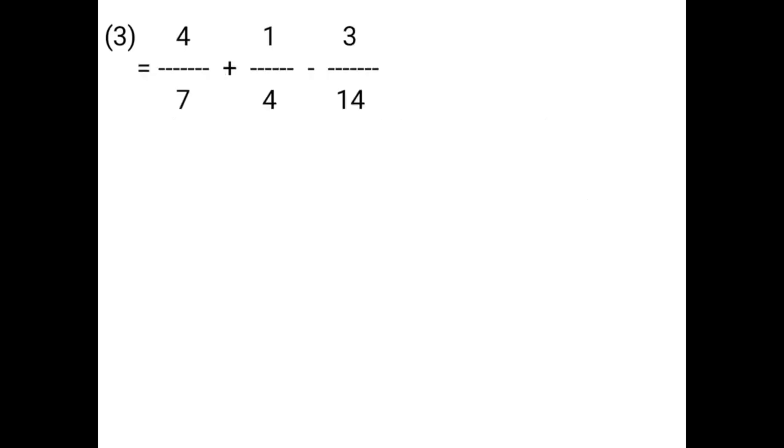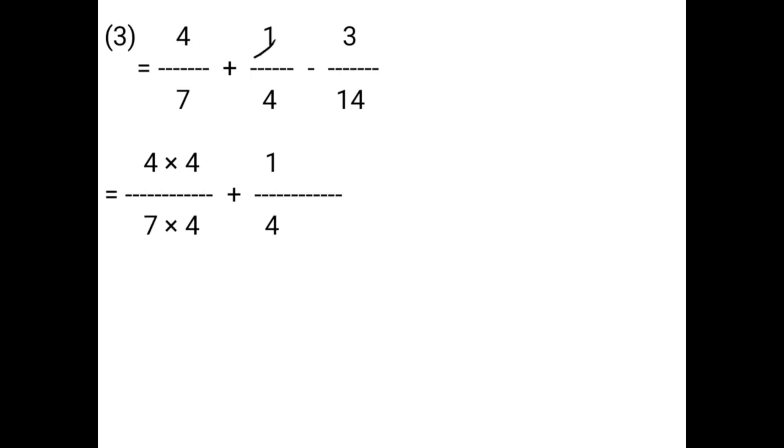First fraction 4 upon 7, you have to take the opposite denominator, that is opposite denominator of fraction 4 upon 7 is 4. To multiply on numerator and denominator of the fraction 4 upon 7, you have to multiply by 4 on numerator and denominator, that is 4 upon 7 into 4 on numerator and denominator, plus second fraction 1 upon 4, you have to take opposite denominator 7.